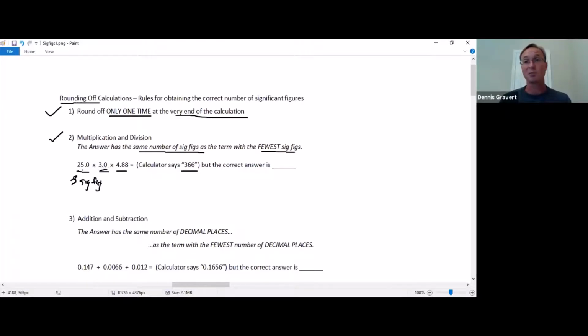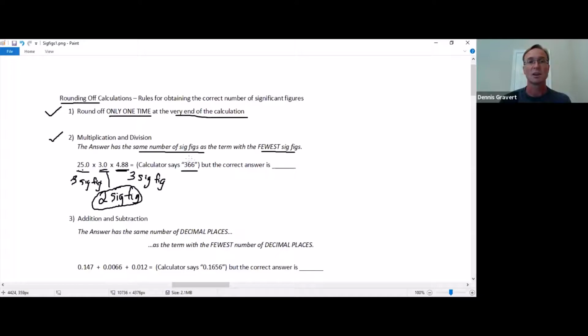Again, the 0 is after both numbers and the decimal place, so count it. This one has 2 sig figs. 4.88, I count 3 digits there. There's 3 sig figs.